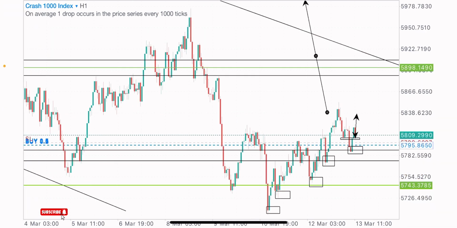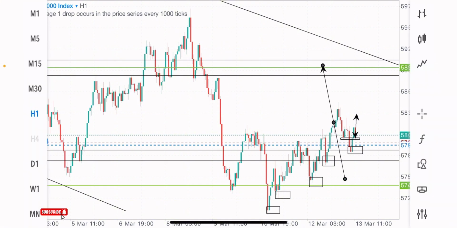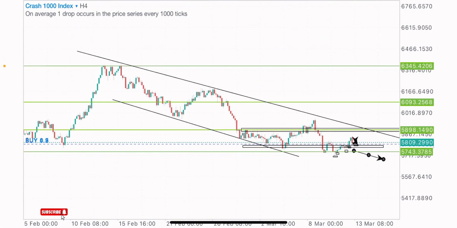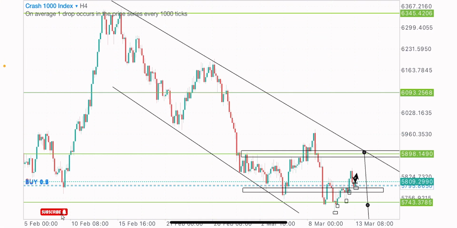A move of this kind, price giving a little retracement to this point, because the market has been buying for some time now, so you could see a little retracement to this point for more buys to this zone for long-term sells on this index in the coming hours and days, because the market is on a downtrend, so everything is looking bearish. We're just taking advantage of these short-term buys on this index.